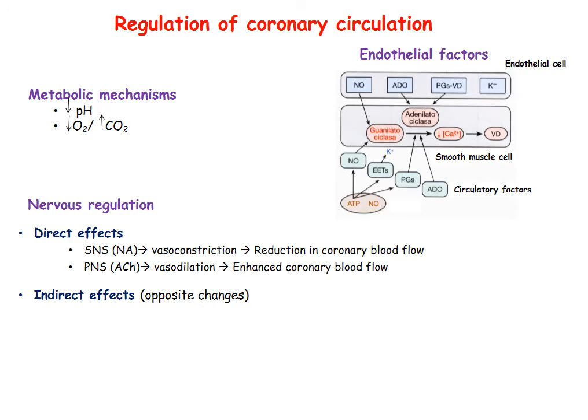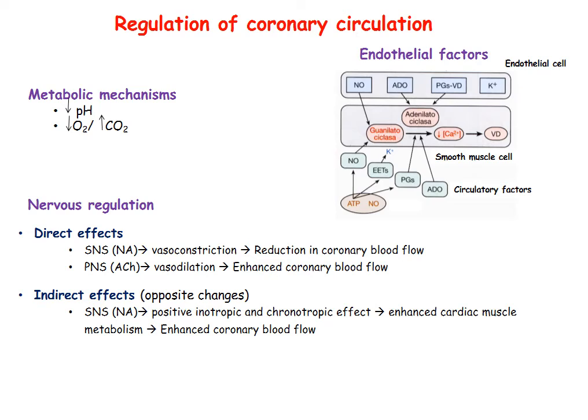Thus, the sympathetic nervous system, which releases noradrenaline, directly produces vasoconstriction, consequently reducing the coronary blood flow. On the other hand, we also have a parasympathetic regulation of coronary blood flow. The parasympathetic nervous system, due to the release of its neurotransmitter, the acetylcholine, enhances the coronary blood flow due to a vasodilation.